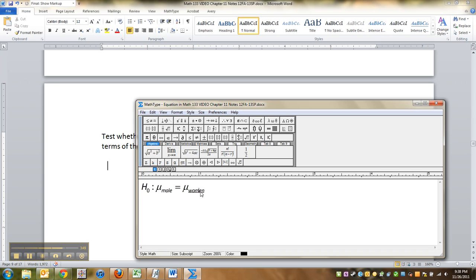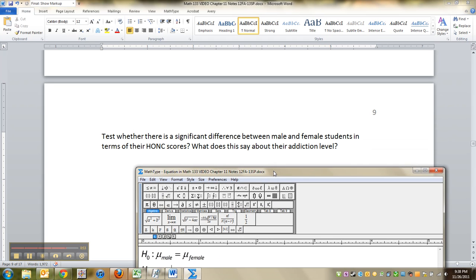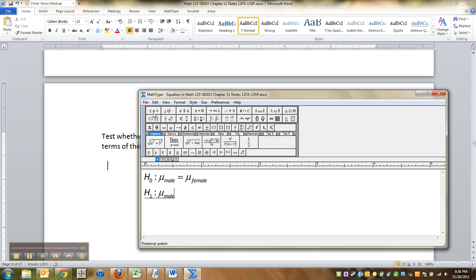Male students, female students. Okay. Are they equal? And we assume that they are. We assume that 7th graders for boys and girls are the same. And then the question is, are they not the same? Right? It says test whether there's a significant difference. It doesn't even tell you what kind of difference, so we could just say not equal.